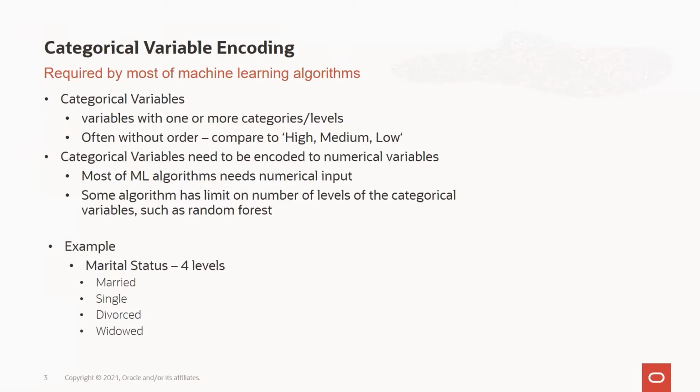Even some algorithms like decision trees or random forest, which can accept categorical variables, have a limit. In most implementations of random forest, there is a limit on the number of levels of the categorical variables. If you have hundreds or 1,000 levels, it won't work. So we still need to do the encoding.